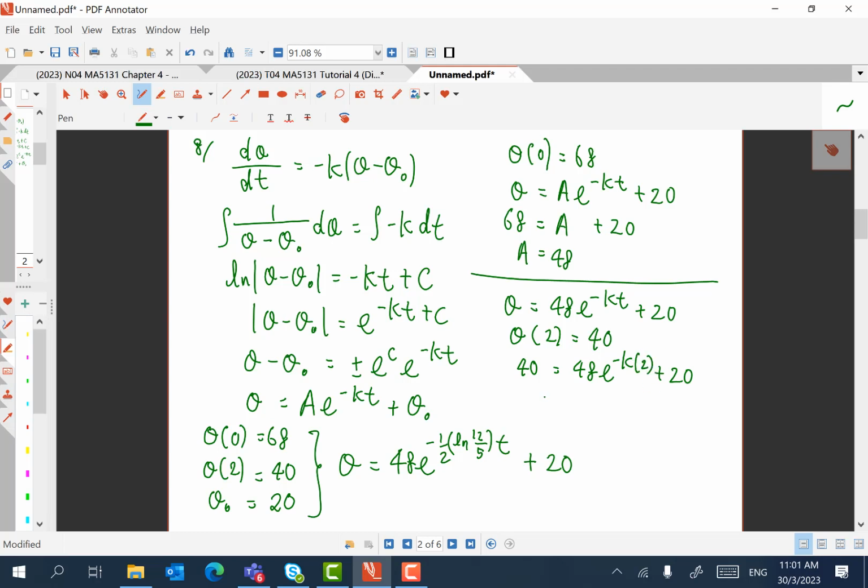This gives you e to the power minus 2k is equal to 20 over 48. Then to finish it off, e to the power 2k is equal to 12 over 5. So therefore, k is equal to half ln of 12 over 5.